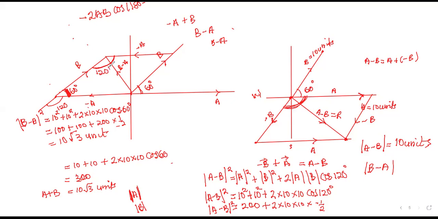So if you want to use the corresponding obtuse angle, then you have minus 2AB times the cosine of 180 minus theta, which is 120. And this must also give you the same answer as if you have used this.